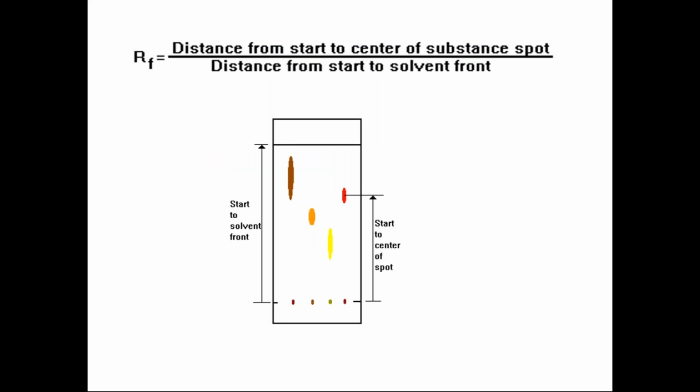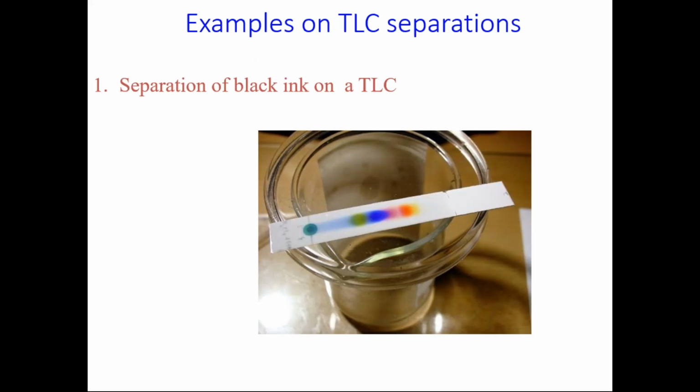So the Rf is given by the distance traveled from the start to the center of the substance spot, divided by the distance from the start to the solvent front. Very much the same as that of paper chromatography. So here is a separation of black ink on TLC.